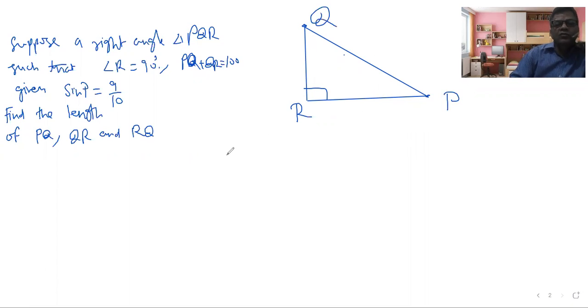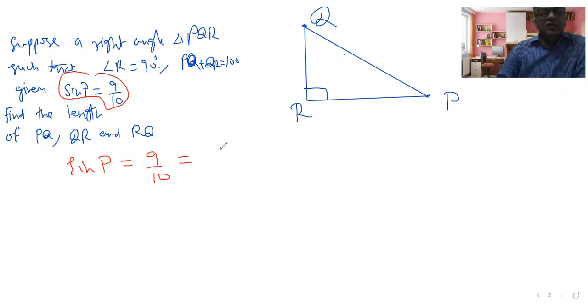Now, what is given in the question? It is given sine P is 9/10. And you know it very well that sine is the ratio between perpendicular and hypotenuse. And what is the perpendicular here? This is the angle given and the side opposite to the given angle is always perpendicular.